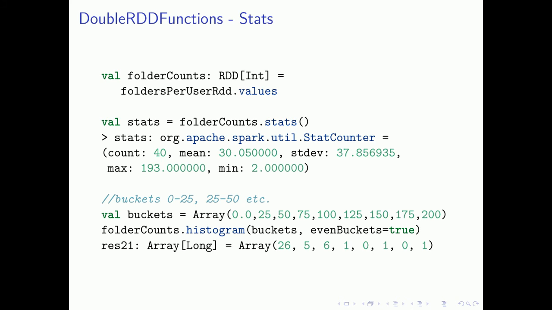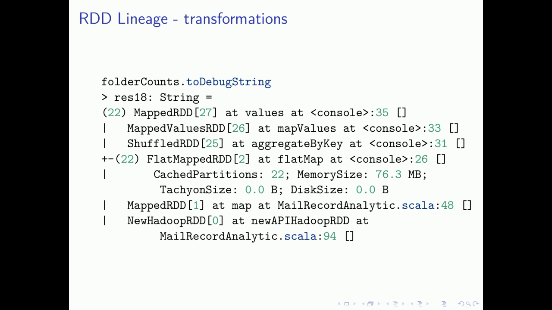And then when I look at the RDD lineage, in order to get to that folder counts RDD, I had to start all the way at the bottom, and I created this new Hadoop RDD. So that's what I read in from the file system. You were asking about how these things get created. Then I have a map RDD where I took out that Avro key and just got the mail record.